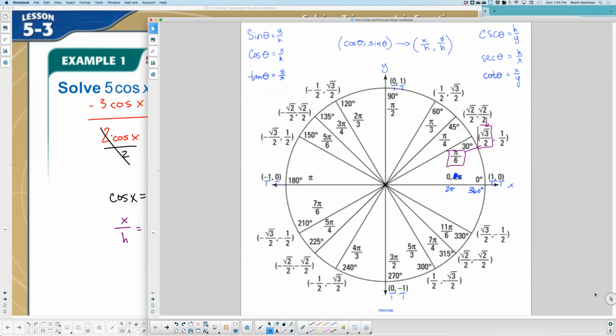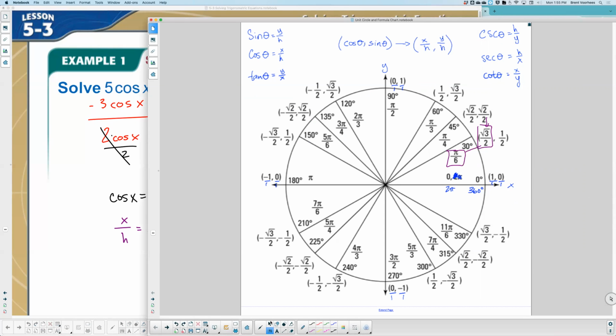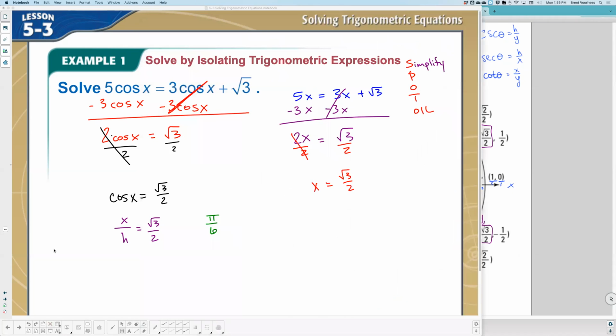At pi over 6, we have an answer of square root of 3 over 2. So pi over 6 is going to be one answer. And I think there's going to be another one. There it is. They will almost always have the same denominator. Notice those 2 are connected there. So there it is. The other answer is 11 pi over 6.